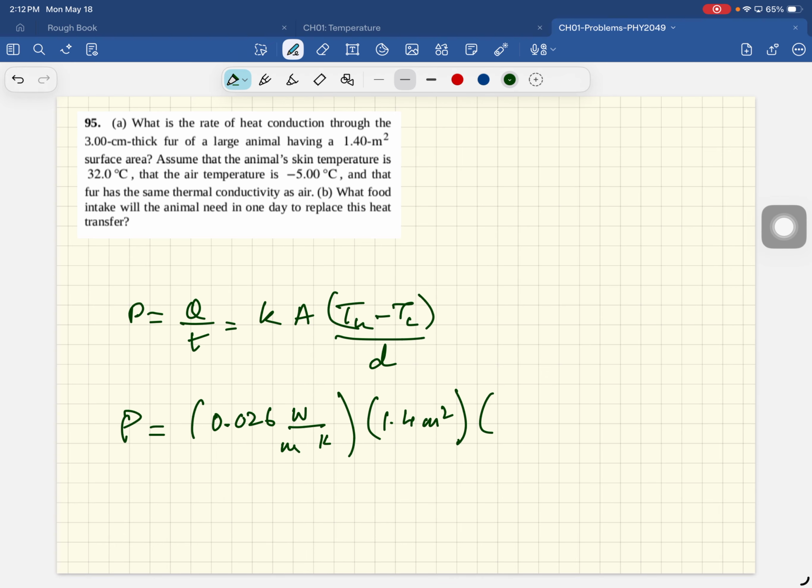And the rise in temperature of steam is 200 degrees Celsius.